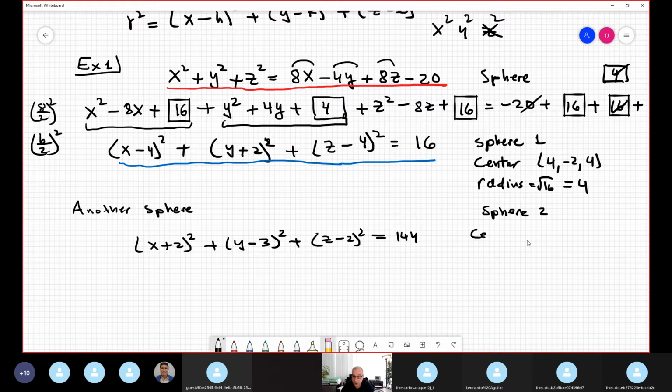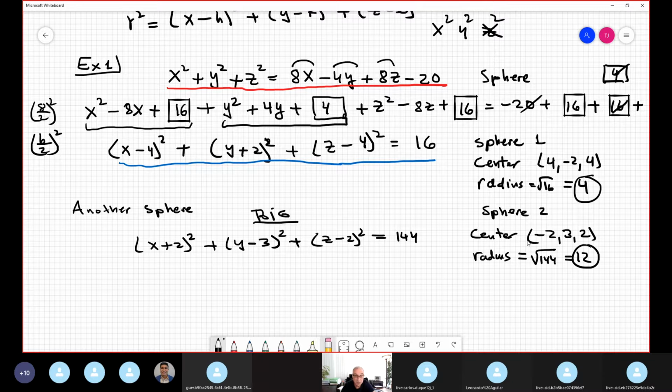The center of sphere 2 is located at the point (negative 2, 3, 2). And the radius of this other sphere is the square root of 144, which is 12. Compare: this is 4, and this is 12. So this is the big sphere, and this is the small sphere.